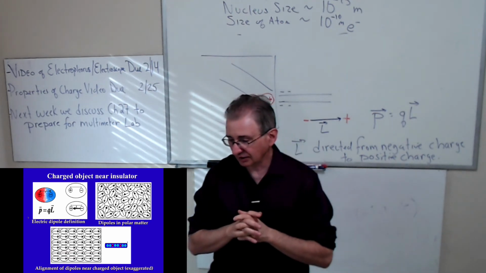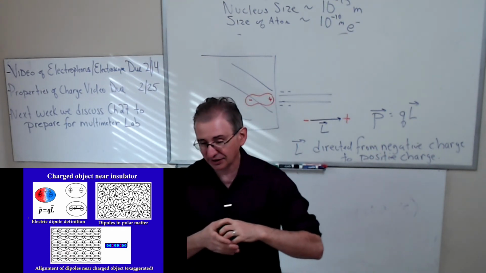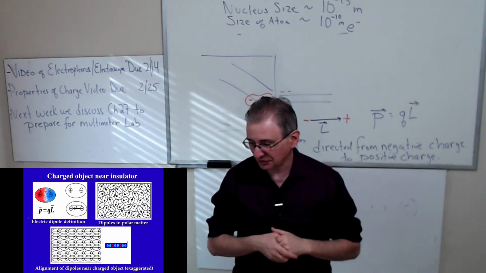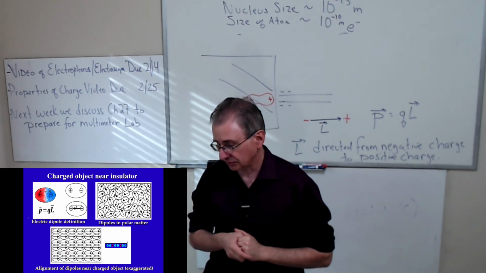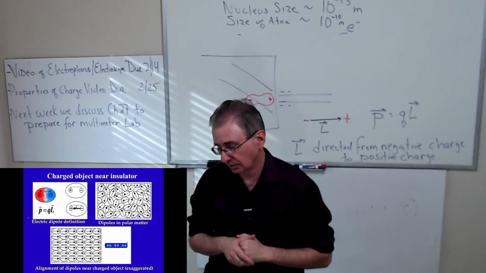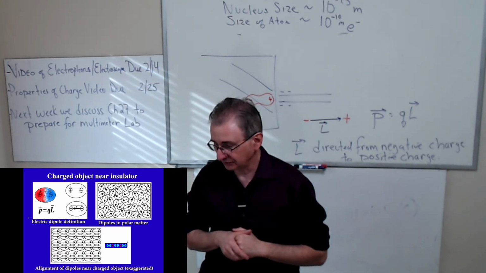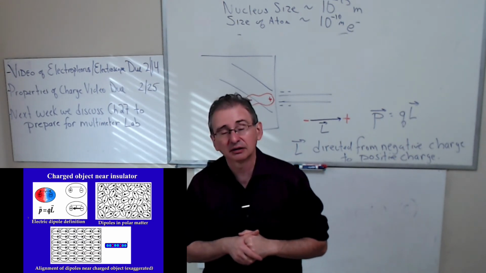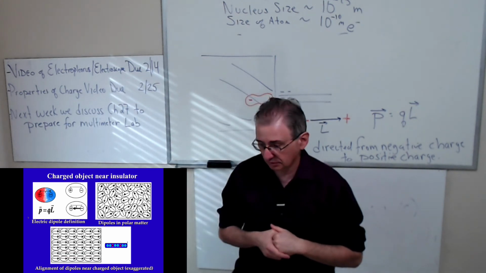When I say there's a tendency to align towards that charged rod, it doesn't mean every single dipole will align itself towards that rod, but a majority of them will. So my picture is an exaggeration, but the idea is to illustrate what happens.